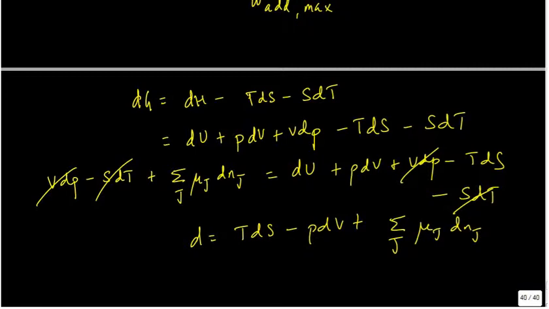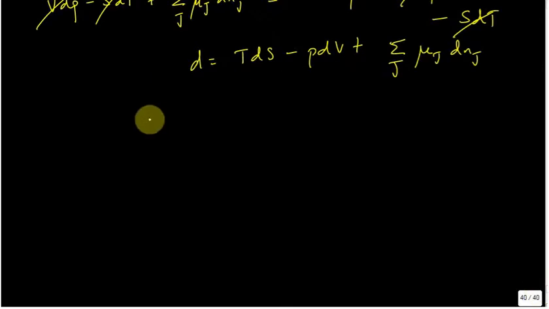So if I hold the entropy, volume, and all of these constant, all the dnj's equal to 0 except for one of them, let me call it k. Except for k, I hold all of them constant. I just change k, or dU, sorry.